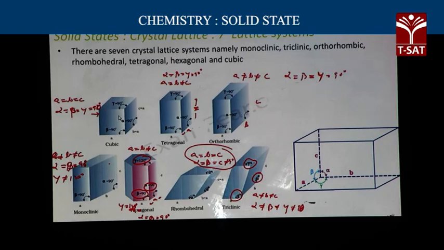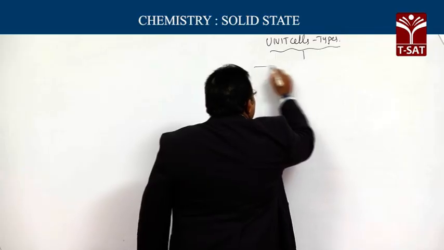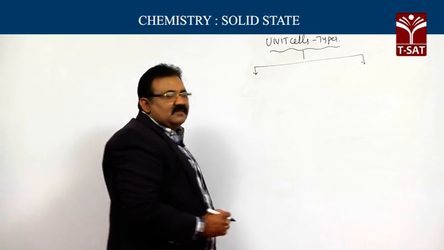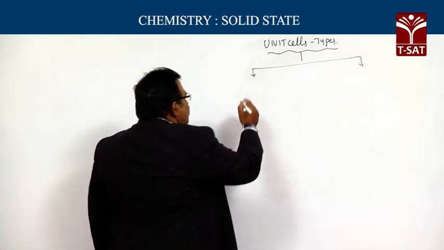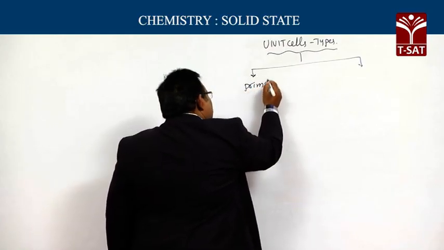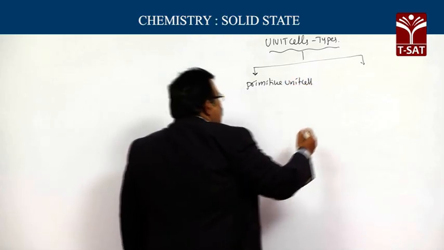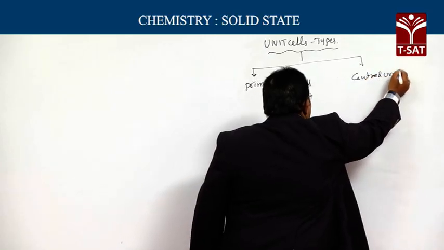So, in the next topic, let us see the different kinds of unit cells. Unit cells are divided into 2 types based on the arrangement of lattice points or position of the lattice points. Primitive unit cell, centered unit cell.